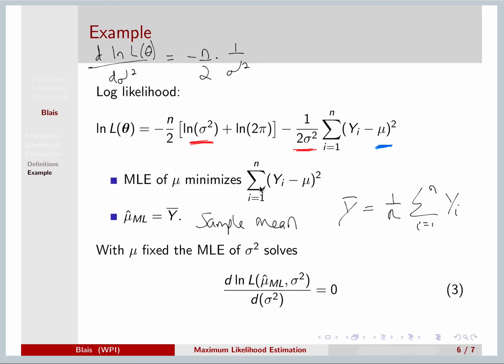Now here, we think of this as 2 sigma square to the minus 1, or maybe simpler, 1/2 times sigma square to the minus 1. And we take the derivative of that expression with respect to sigma square, which is a power rule problem. So that'll give us minus 1/2, that constant sticks around, and then we have times minus sigma square raised to the minus 2.